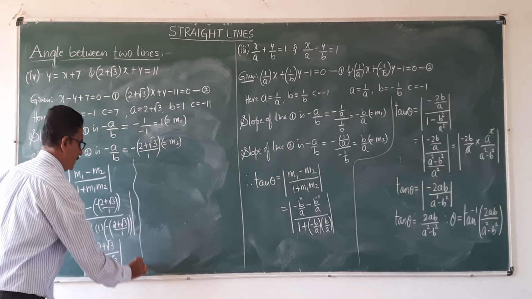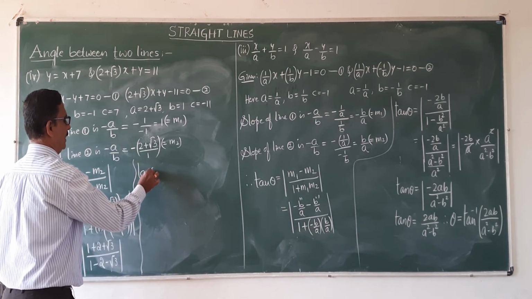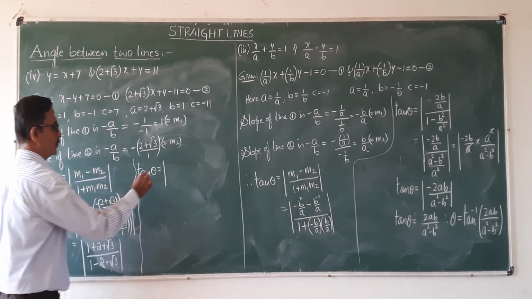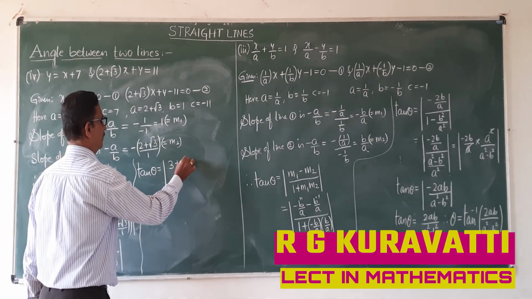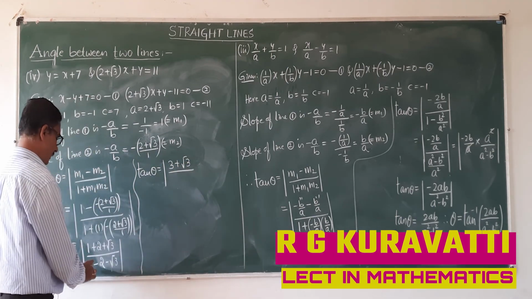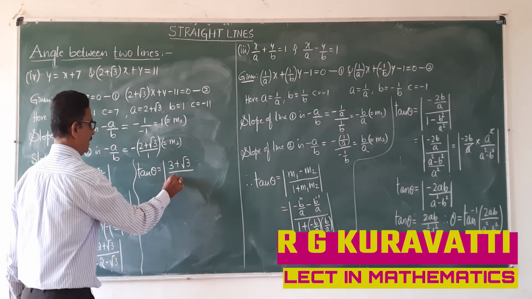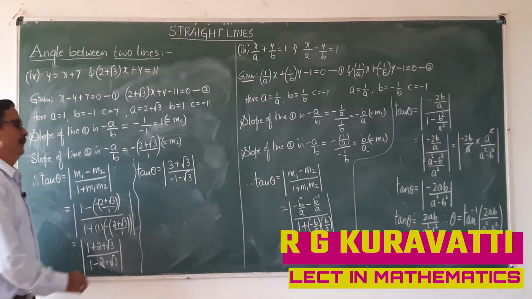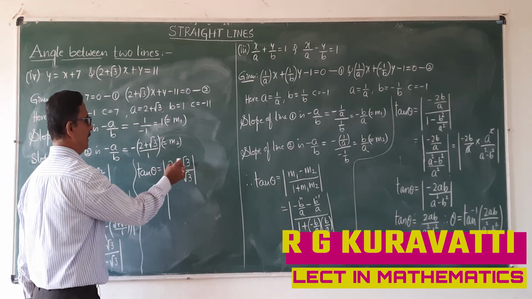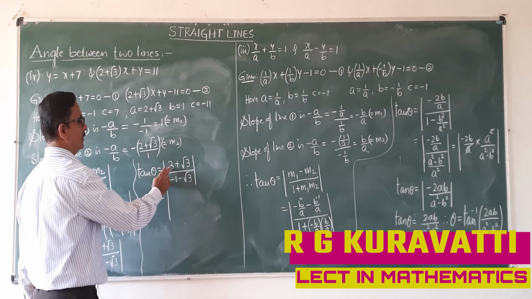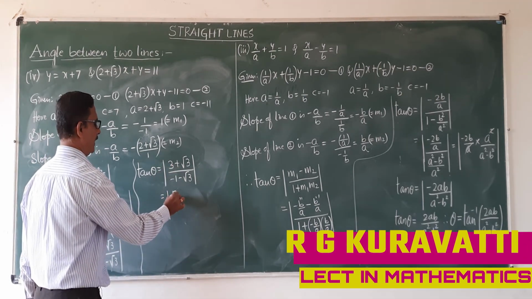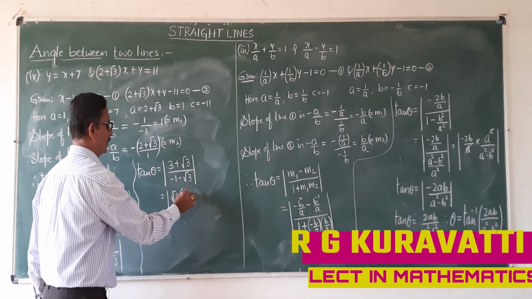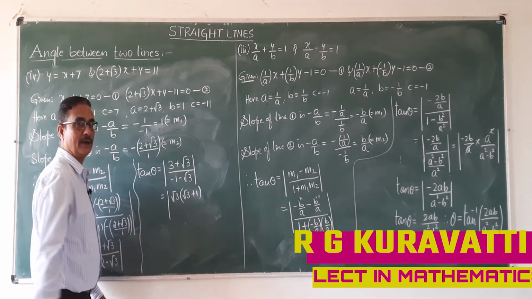Okay. So further simplify. Tan theta is equal to modulus of 1 plus 2 plus root 3, that is 3 plus root 3, divided by 1 minus 2 minus 1 minus root 3, right? So that is in the numerator 3 plus root 3, take root 3 common. Numerator, root 3 common, take it and see what happens, root 3 plus 1, right? Check.